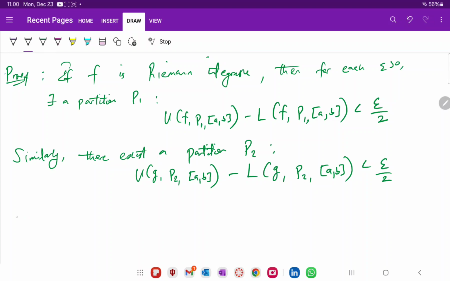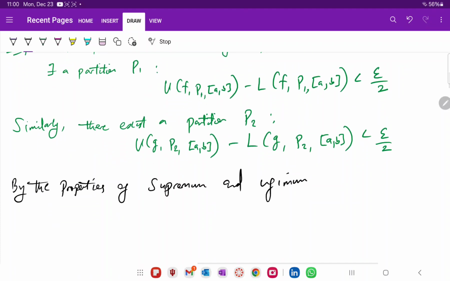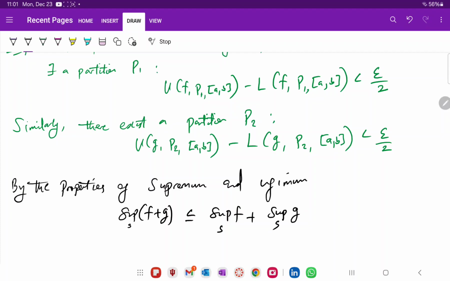By the properties of supremum and infimum, we have the sup of f plus g over x is less than or equal to the sup of f over x plus sup of g over x. So we have this fact.